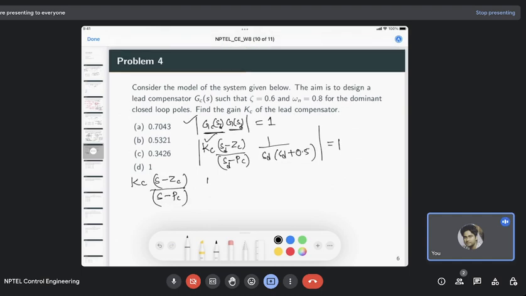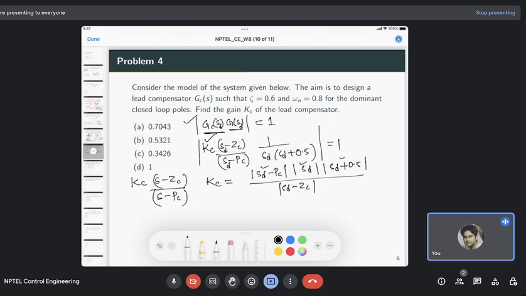So the Kc will be then what? We take all this to the other side, so we have the magnitude of (sd minus Pc) times (sd plus 0.5) by (sd minus Zc). Just compute all these magnitudes.